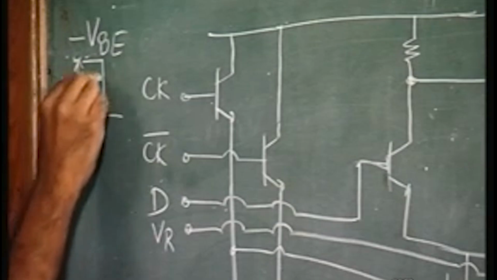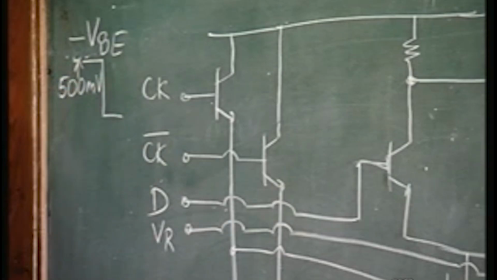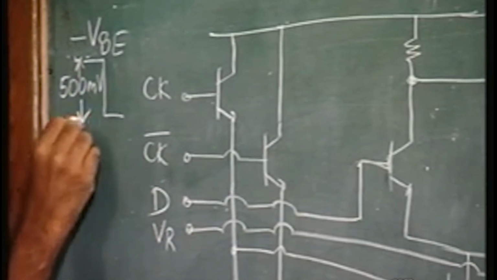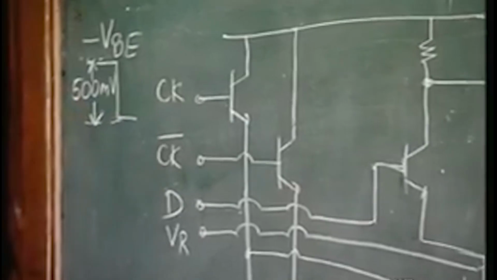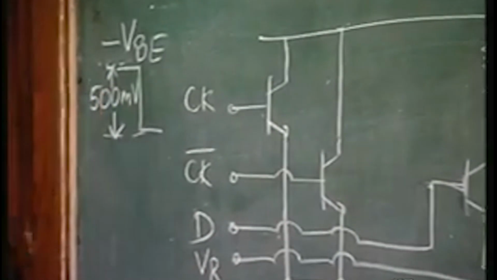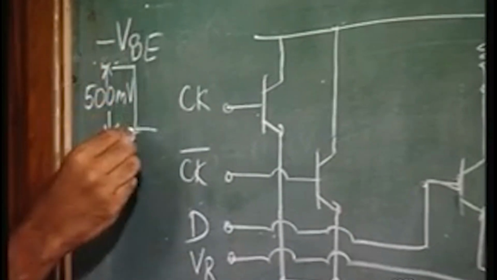Usually in high speed circuits the voltage swing will be limited, so it is not the full V on, it is 500 millivolts. You know that the power delay product will depend on the logic swing, so you limit it to say 500 millivolts.